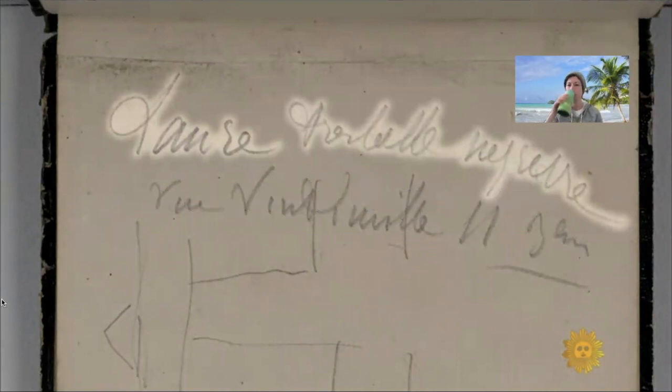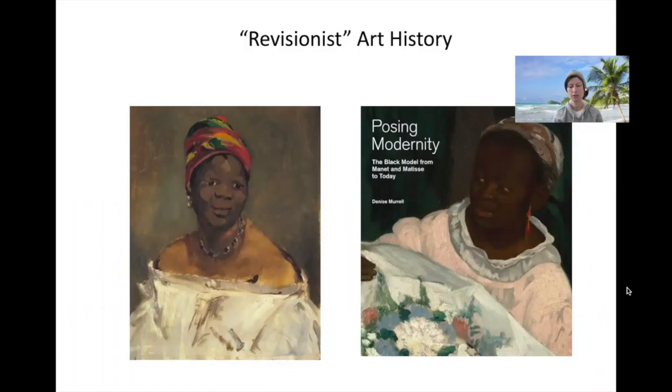What Manet does is bring this figure into the present moment and say that French society is an interracial society, that people of color are part of modern France. This is what we refer to as revisionist art history, a revision of what has been written. Let's continue rewriting the history of art to refocus on the people who have been ignored or dismissed.